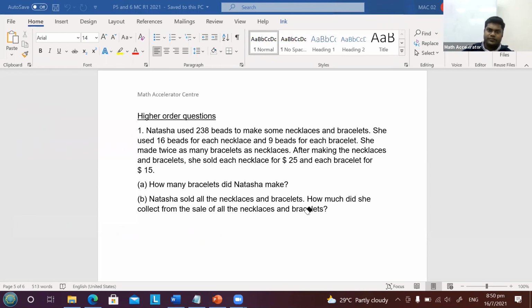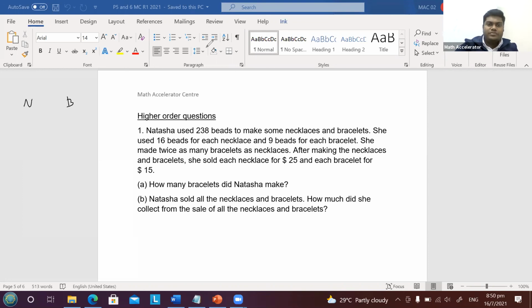So in this question, it is said that Natasha used 238 beads to make some necklaces and bracelets. She used 16 beads for each necklace and 9 beads for each bracelet.